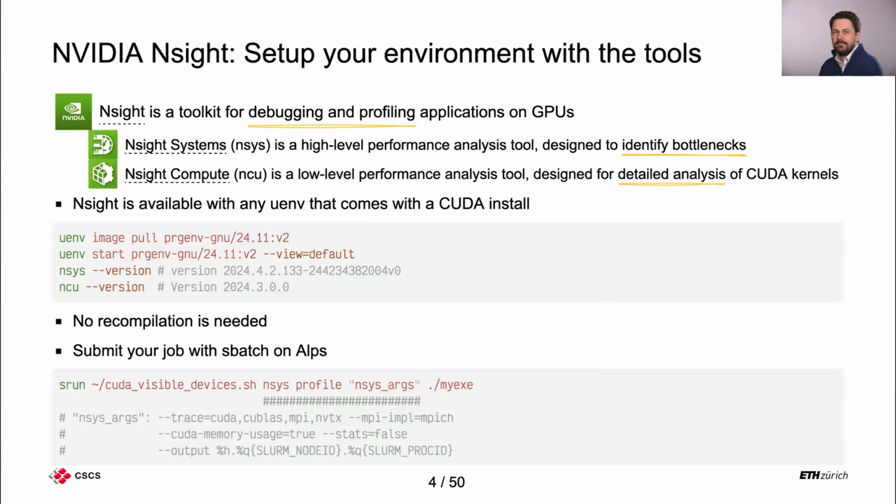And then you have Nsight Compute, which is a more advanced performance analysis tool, designed to explain why your CUDA kernels are running slow or how you could change your code to run faster.